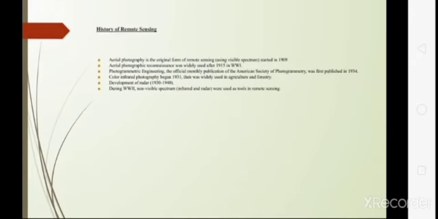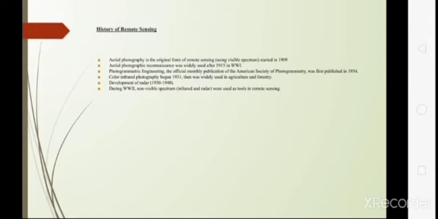Next, history of remote sensing. Aerial photography is the original form of remote sensing, started in 1909. Photogrammetric Engineering, the official monthly publication of the American Society of Photogrammetry, was first published in 1934.